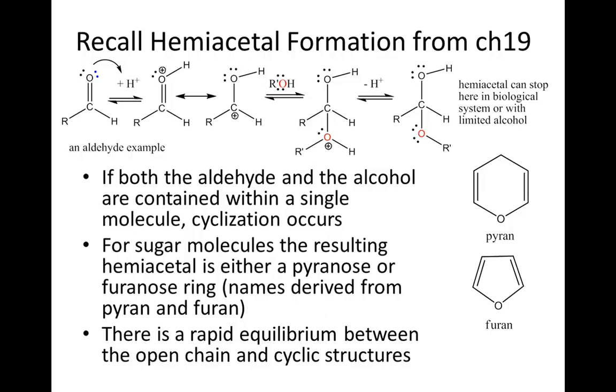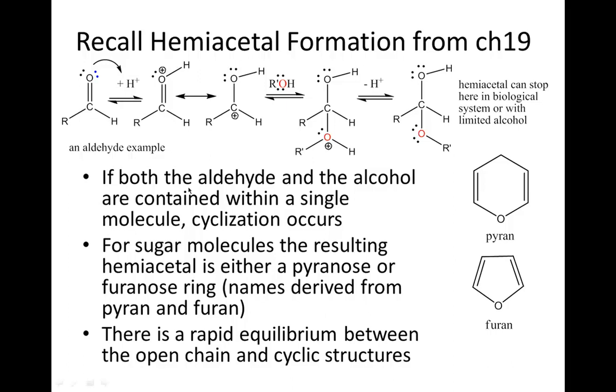Okay, so what that has to do with carbohydrates is that a lot of carbohydrates exist in a cyclized form, which is actually a hemiacetal, because in this R group there are alcohols down the chain, and so they self-react, and it's called an intramolecular cyclization.